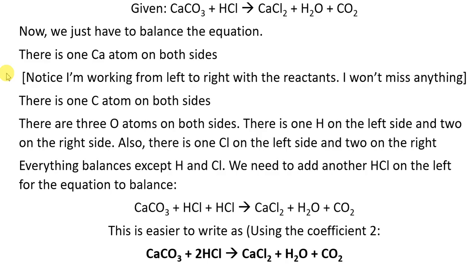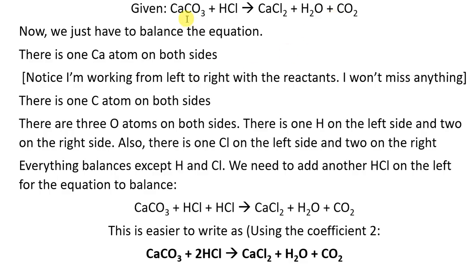Balances. Notice I'm working from left to right with the reactants. I'm not going to miss anything. Next, C. I've got 1 C in CaCO3. And if I go to the end of my products, I get CO2. 1 there as well. Balances.